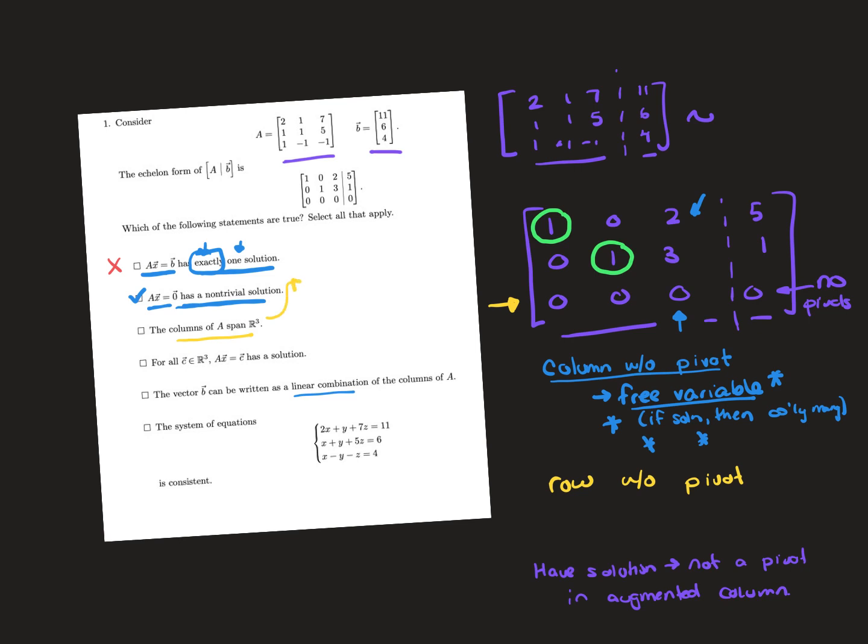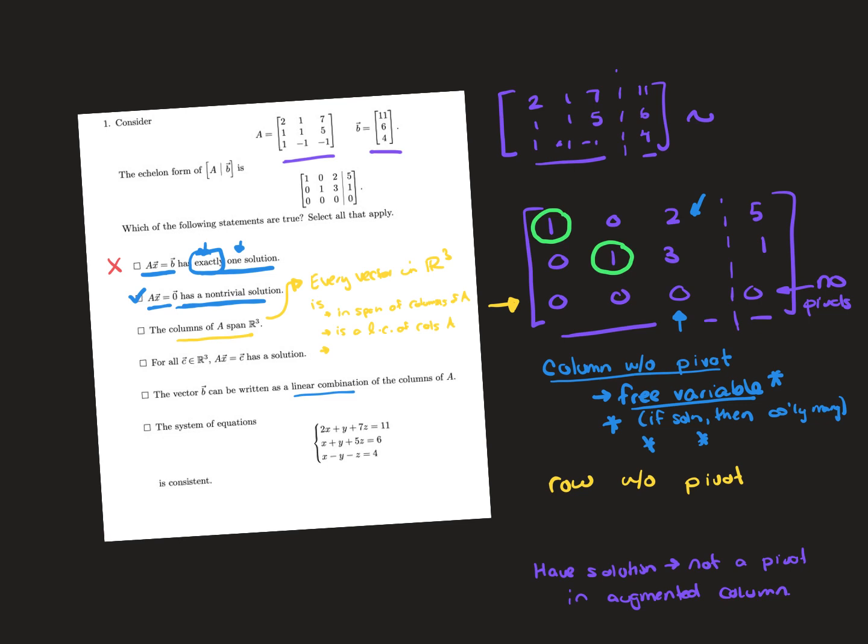It means that every vector in R3 is in the span of the columns of A, which is the same as saying it is a linear combination of the columns of A. Think about those sets of linear combinations.